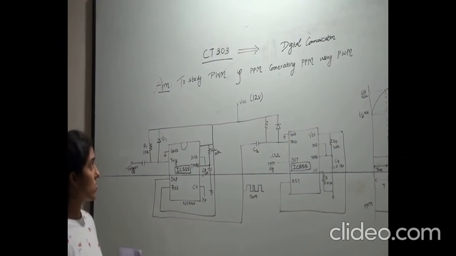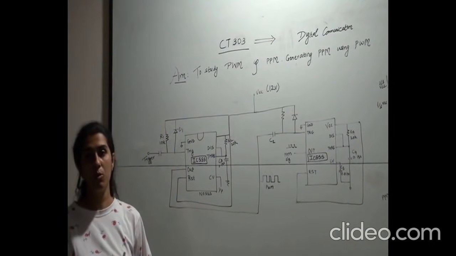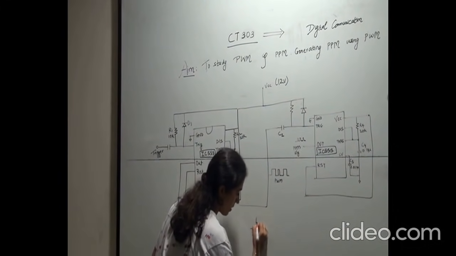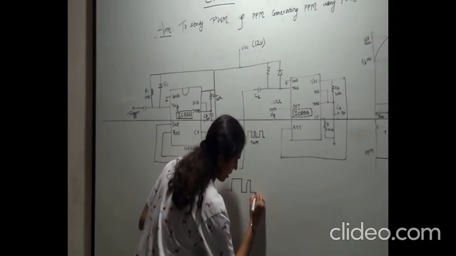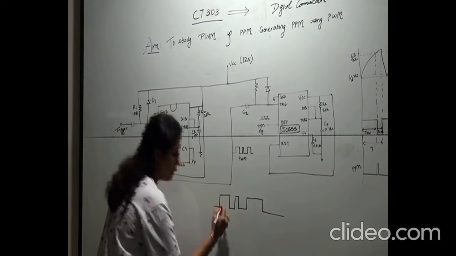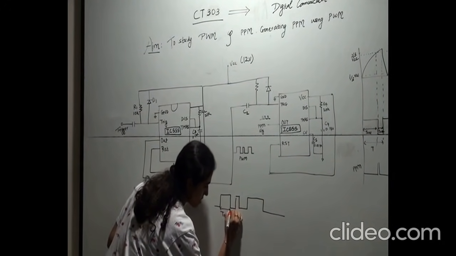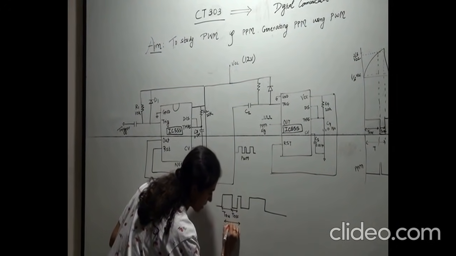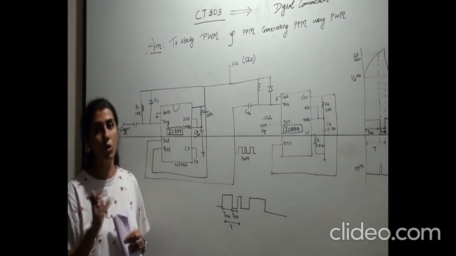Now, considering the study of PWM and PPM, what is a PWM? Pulse width modulation has pulses which have different widths. Different width basically refers to the T on time. So this is the T on time, this is the T off time, this is the complete T. The pulse width is dependent on the duty cycle.